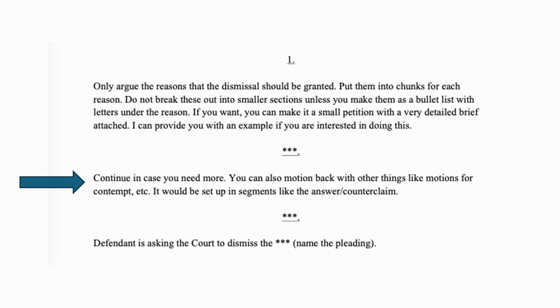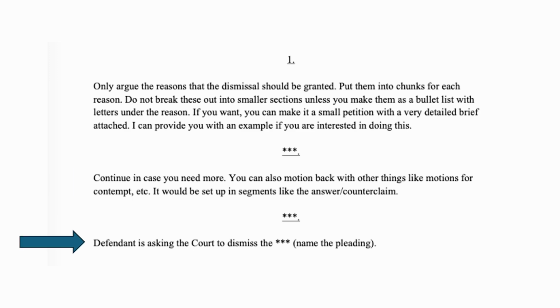It would be the same thing here, because you can motion for, say, contempt and maybe to compel something. Or you're asking for them to have to provide information. And in the event they don't, you're asking for the court to go ahead and give you a contempt ruling. So you can put in those multiple things, but it would just be sectioned off accordingly.